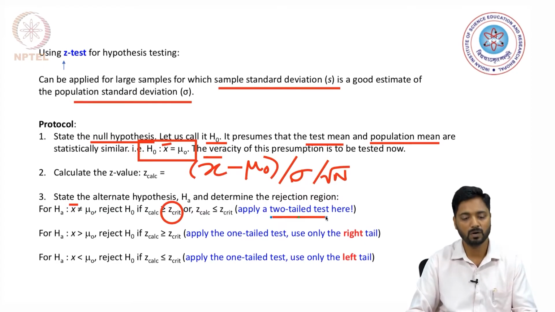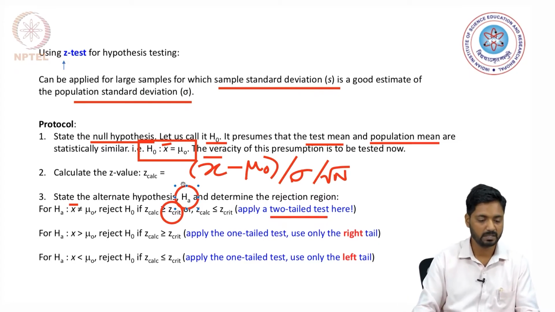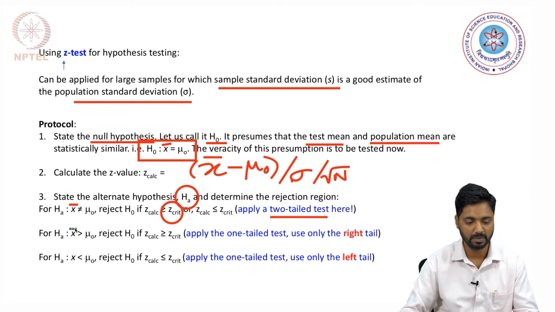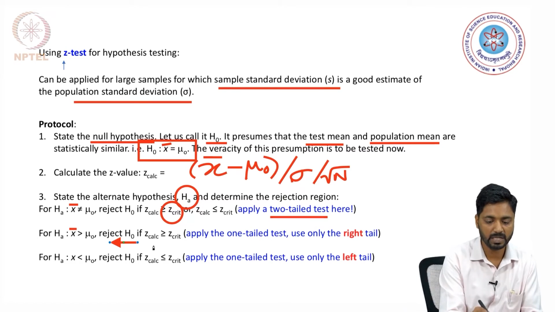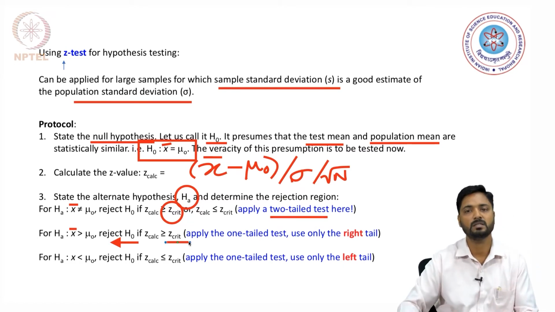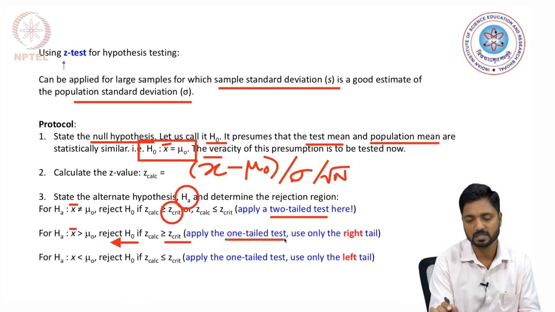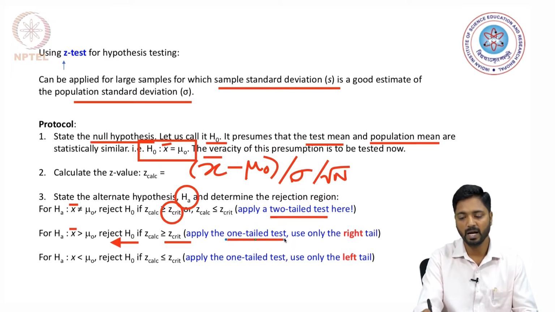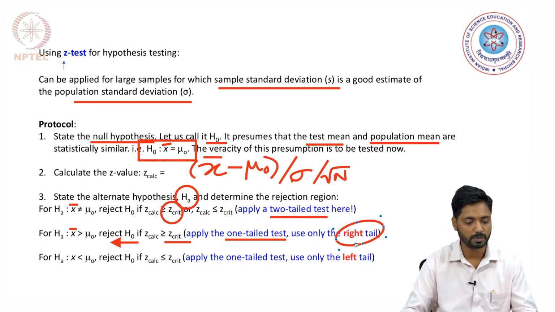However, if our alternate hypothesis, which is denoted by HA, is that the sample mean value is greater than the population mean, in those cases we can reject the null hypothesis only if the z calculated is greater than the z critical, and in that case we will be applying the one-tailed test. So the z critical value has to be chosen appropriately, and we will be concerned only with the right tail of the Gaussian profile.